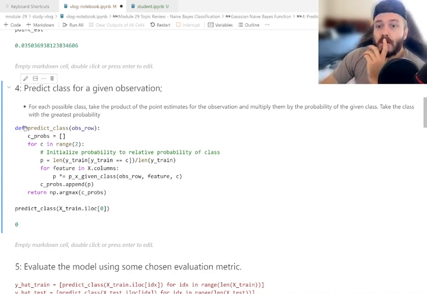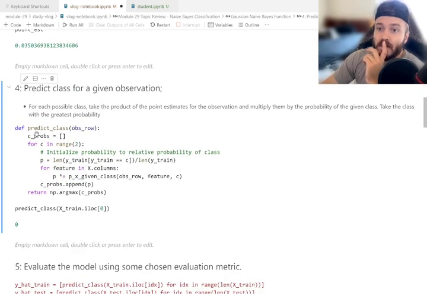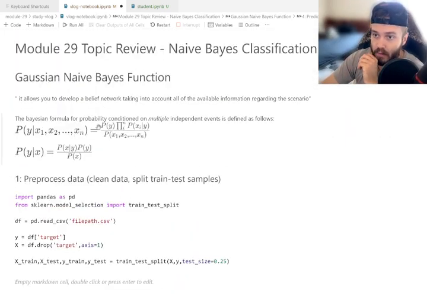So basically, you're going to use your point estimate function inside of this class prediction function, and you're going to calculate your point estimate, and that's going to be multiplied by the class probability, which is this part of the function here.